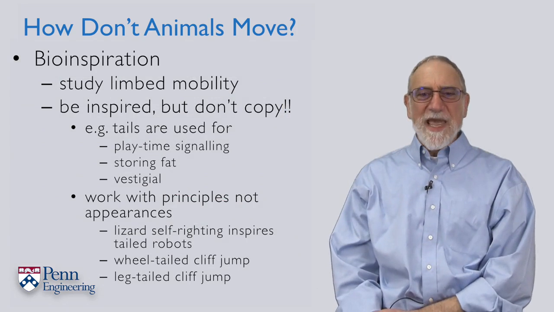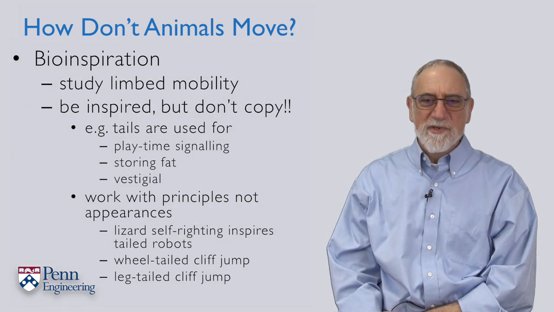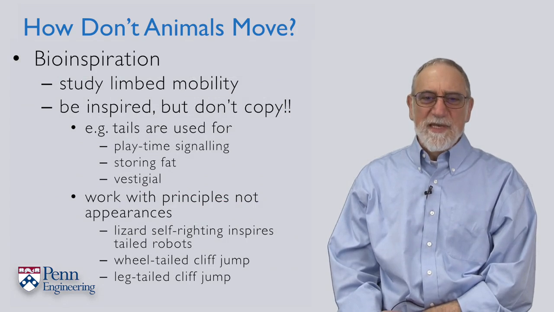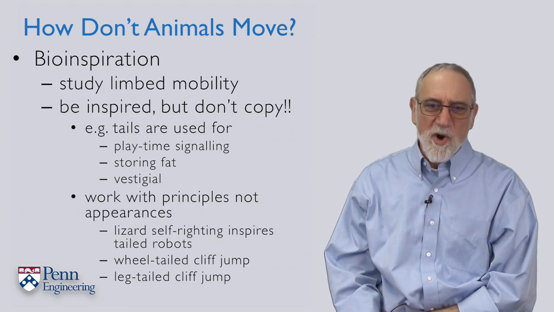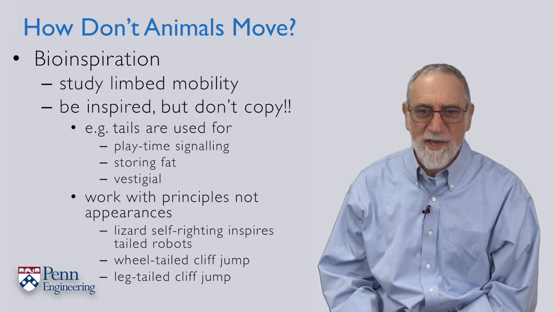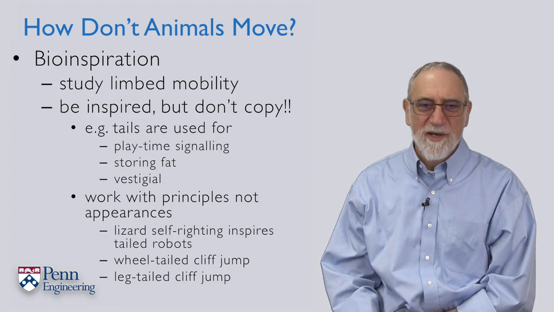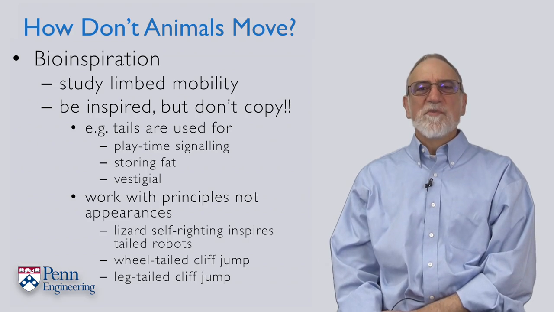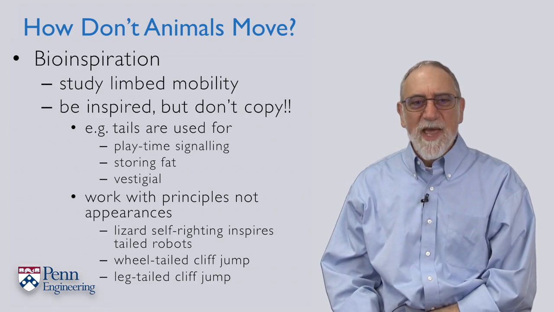These robots don't look anything like the lizard, but the principles involved in getting the body level and consequences of the tail motion is exactly the kind of thing that we want to learn how to do and generalize in robotics. So we're concerned with bioinspiration and not mimicry.